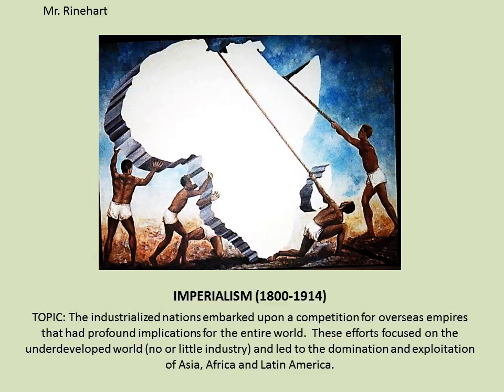Imperialism is a very easy concept to understand, basically because it involves bullying. This is a time period of about 114 years, as you can see on the screen, that European powers mainly, but also the United States and Japan, were involved in conquering and controlling the more underdeveloped parts of the world, mainly Asia, Africa, and Latin America.